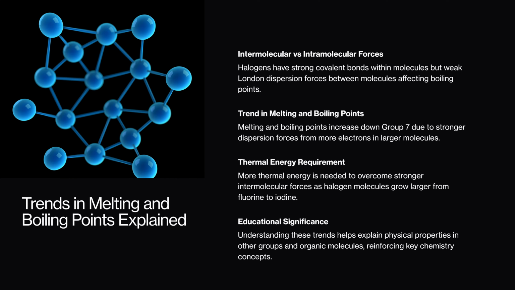Consequently, more thermal energy is required to overcome these forces, resulting in higher melting and boiling points. For example, chlorine boils at -34 degrees Celsius, bromine at 59 degrees Celsius, and iodine at 184 degrees Celsius. Importantly, the strength of the covalent bond within the molecule does not significantly affect boiling point, as boiling involves separating molecules, not breaking covalent bonds.